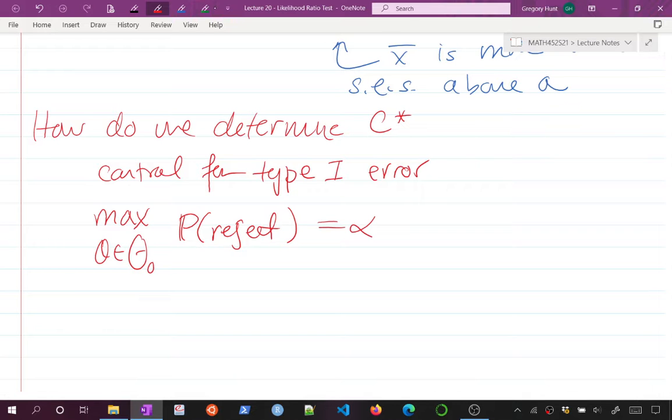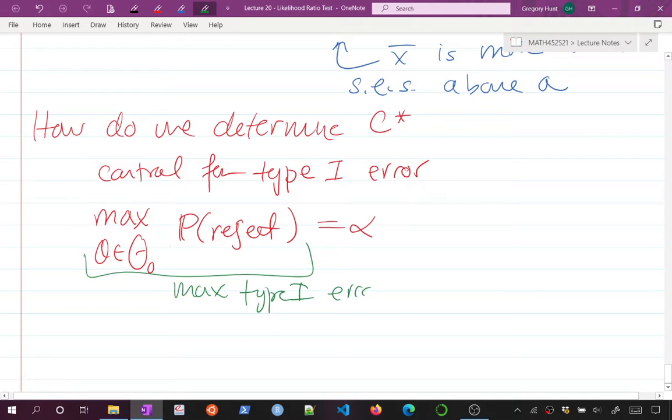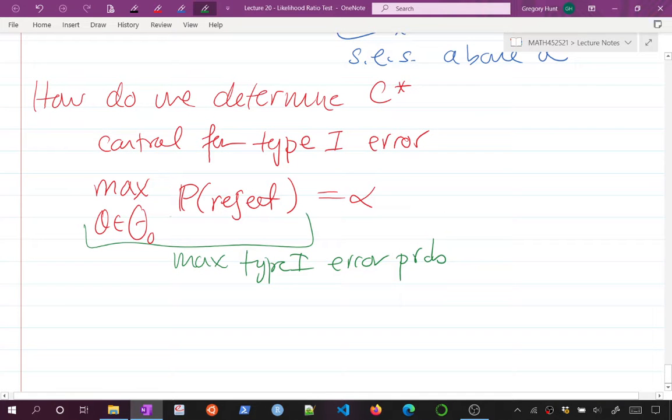So what is the probability I reject? What we need to do is find the maximum probability we make a type 1 error. So this whole thing is the max type 1 error probability: if the null is actually true, so theta is in theta not, what's the probability I make the wrong call and reject?